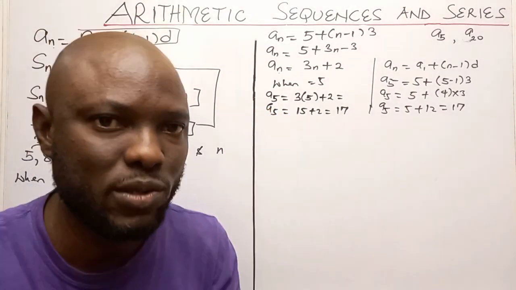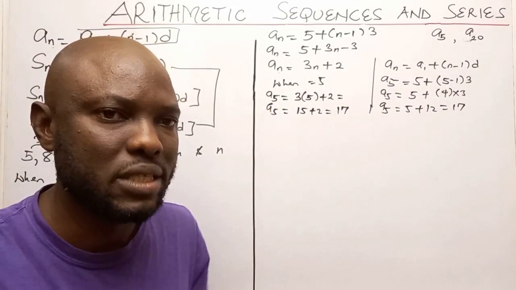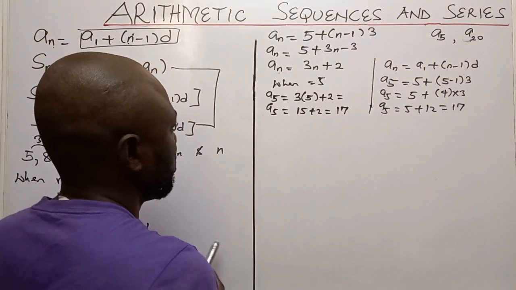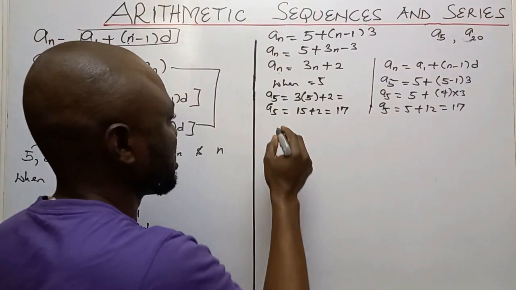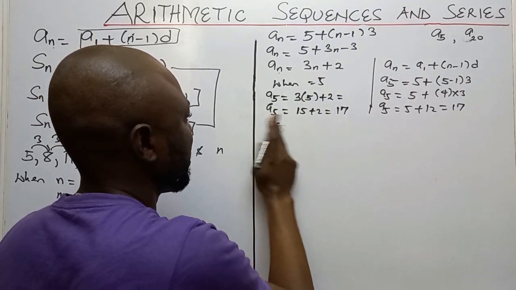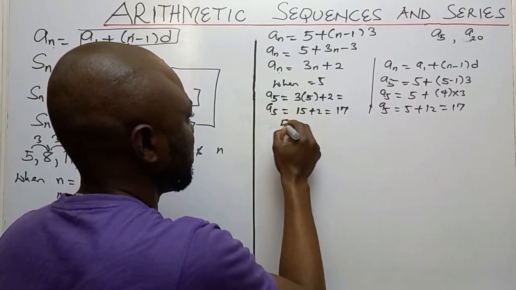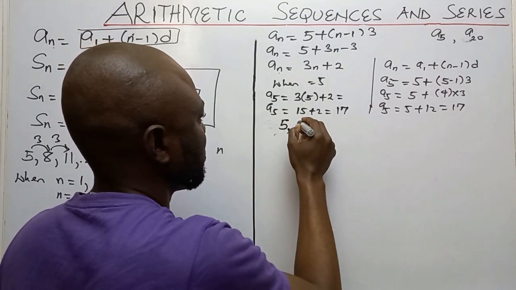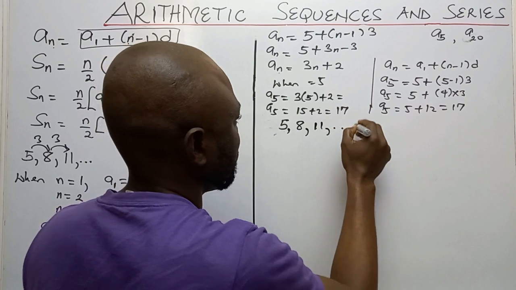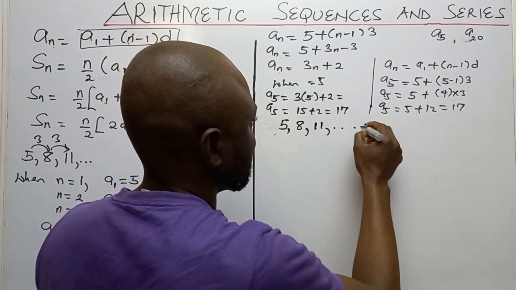Now that is all about arithmetic sequences. We want to talk about series. Now let's presume that for this particular sequence we have 5, 8, 11, dot, dot, dot, plus 17.